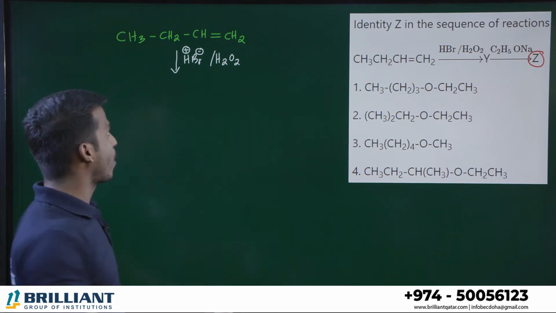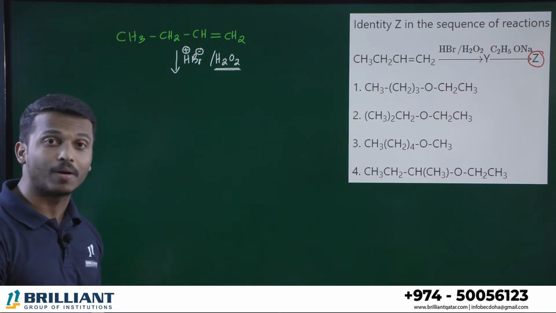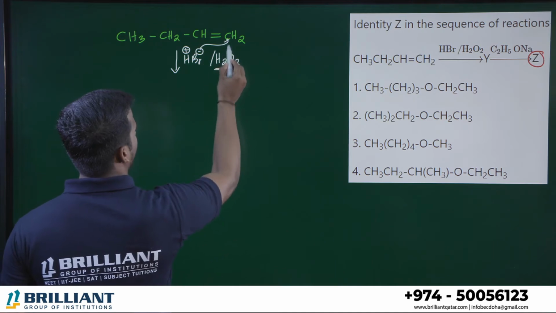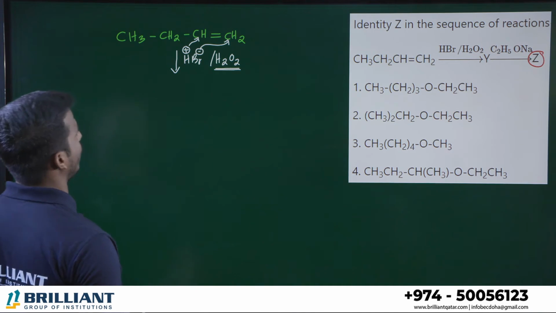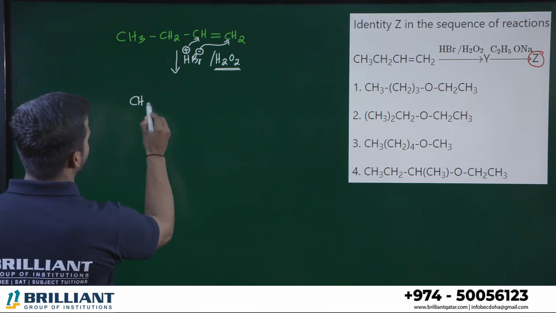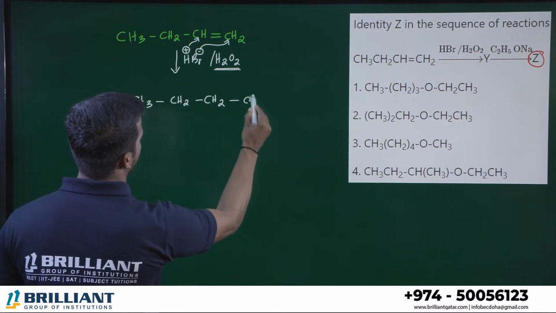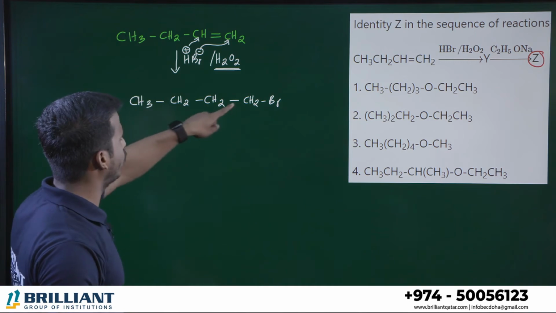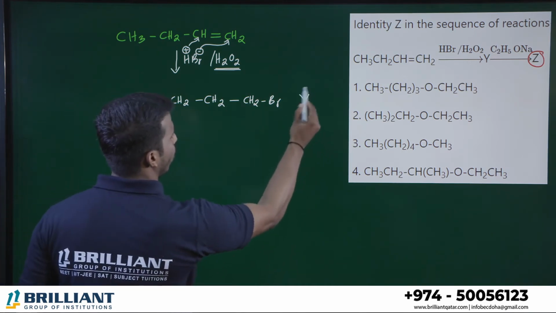What is the anti-Markovnikov rule? The negative part goes to the carbon with more hydrogens, and the positive part goes to the carbon with fewer hydrogens. So what is the product? CH3, CH2, CH2, CH2, Br. 1-butene is converted to 1-bromobutane. This is your compound Y.